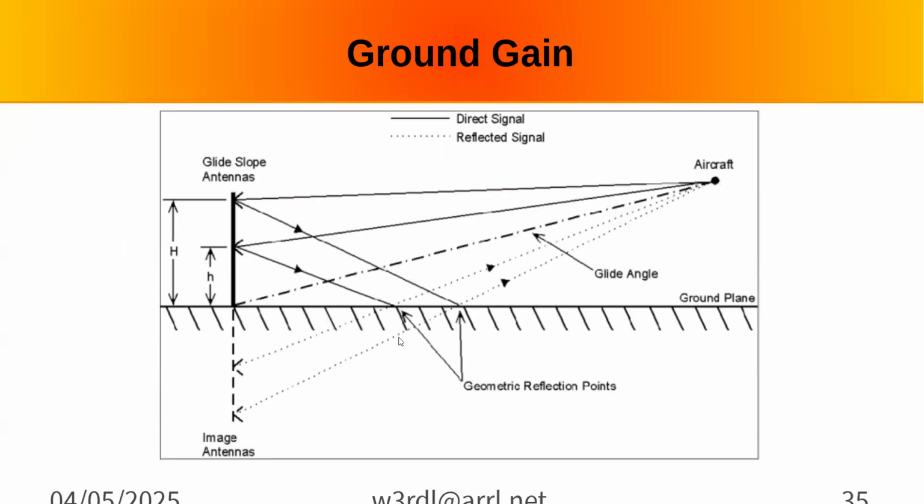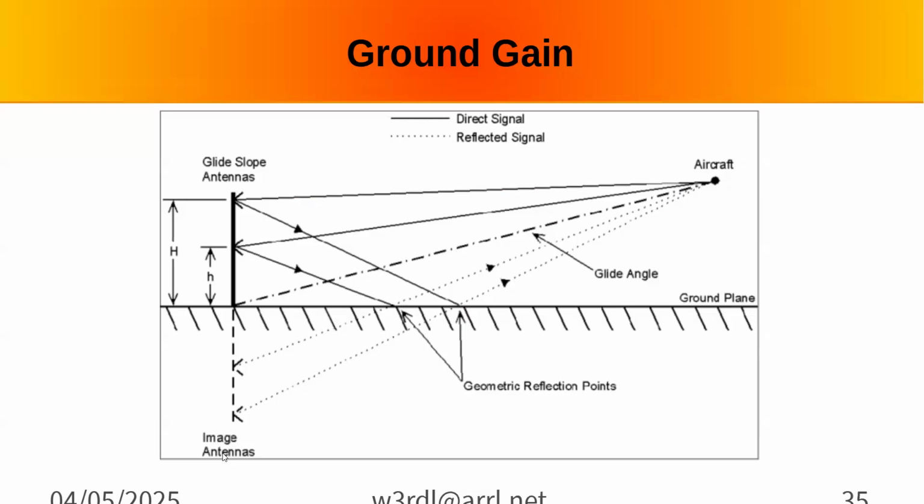This is kind of shown in the opposite direction, with an aircraft transmitter, looking at the glide slope antenna and how the ground effect works in that case, where you have this image antenna when it's a vertical, because it's really a dipole and half of it is below the ground.